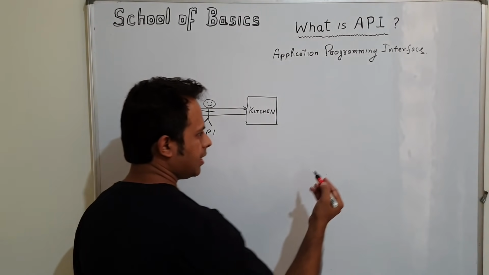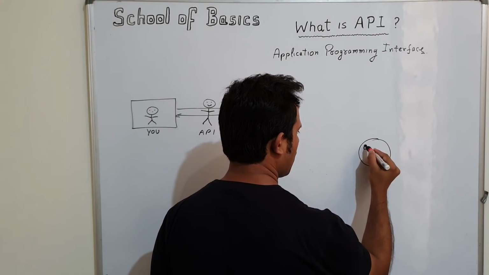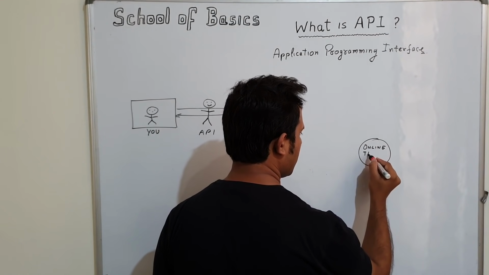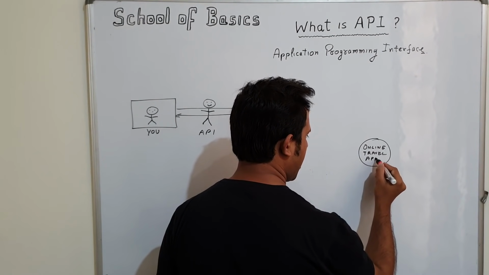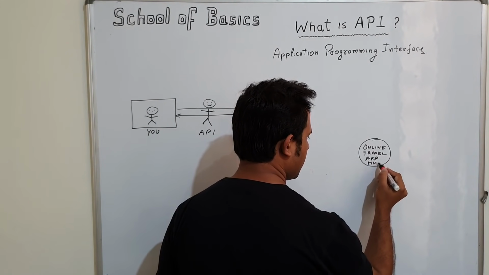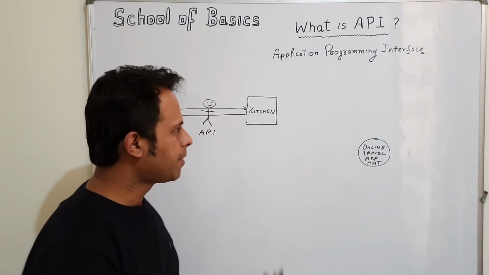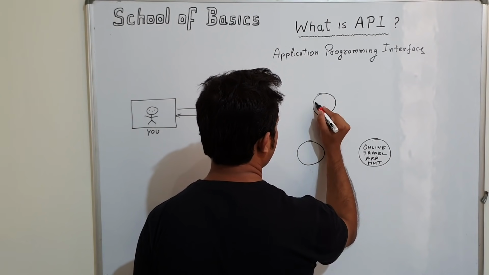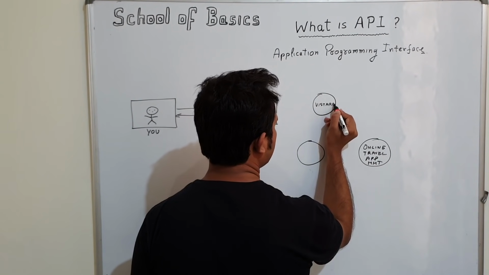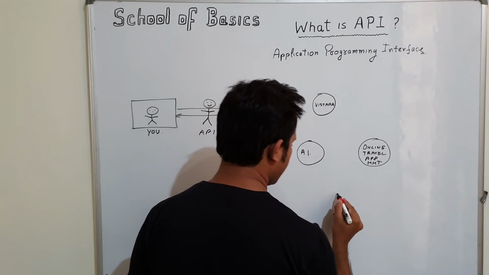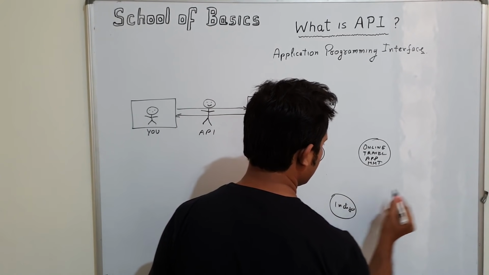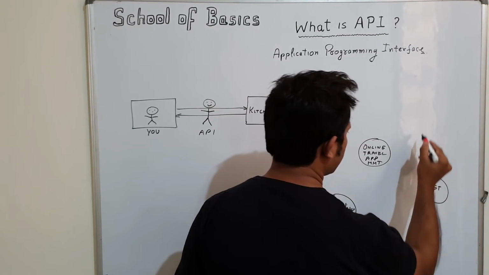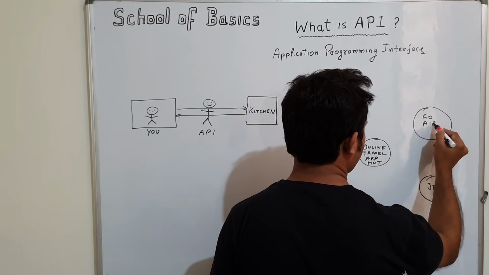So here, let us say we have this online travel app. It can be Make My Trip or any app, and then here we have different airlines. So let us say we have Vistara here, Air India, Indigo, Jet, Go Air.